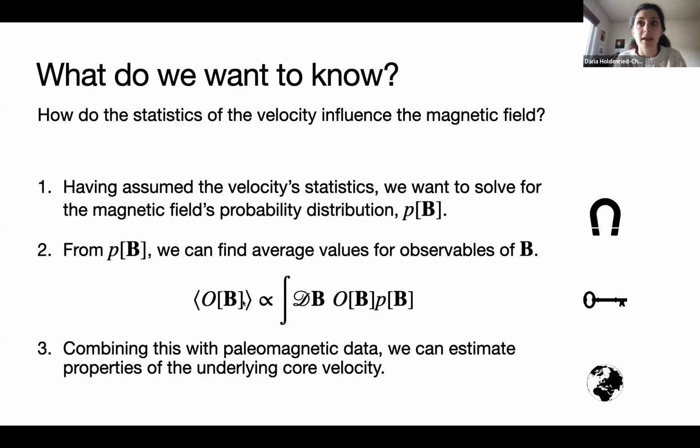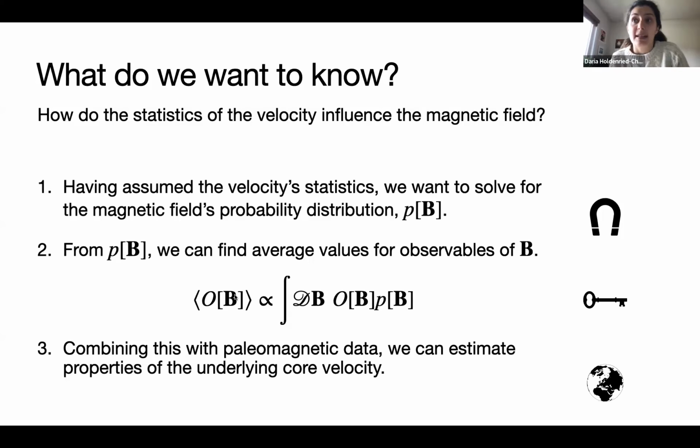So here, O of B is essentially any function of the magnetic field. It could be the magnetic field itself, if you want to solve for the average of the magnetic field. It could be the magnetic field squared, or it could be a more complex function of the magnetic field.